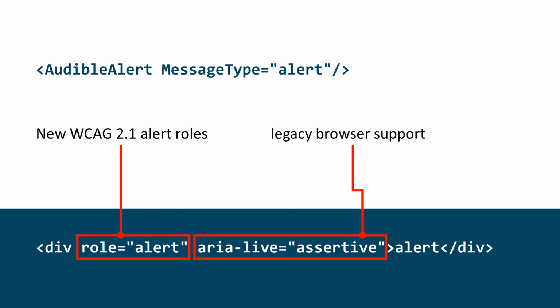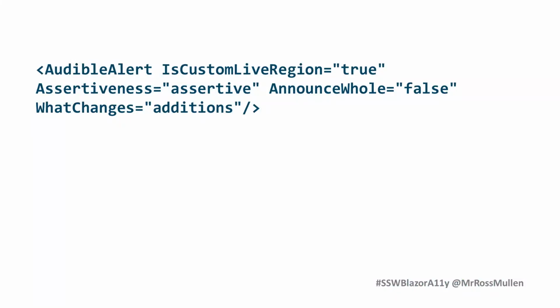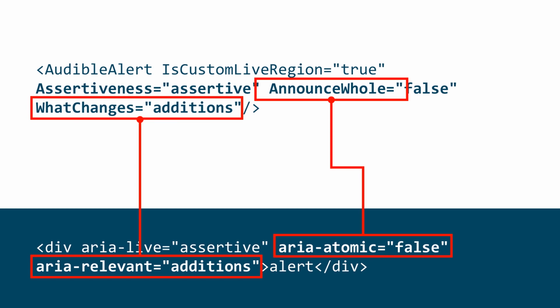But there may be times we want to have more granular control over the type of live region being created. We may want to decide that all updates are announced or only new content, and whether to announce additions or deletions of that content. The audible alert component can be extended to include extra parameters which can create this variation. It can add the ARIA relevant attribute to manage which type of updates to be announced, and it can have the ARIA atomic attribute to specify whether to announce only new updates.